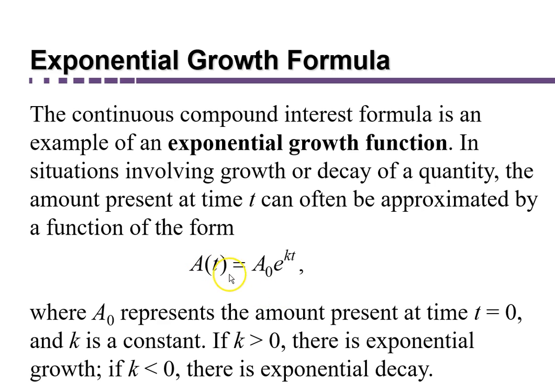A of t, this is a function, is your initial value of a, that a sub 0 is what it was originally, times e, and then your k is going to be some value, in this case, greater than 0, and then your time is going to be whatever number of years you have.